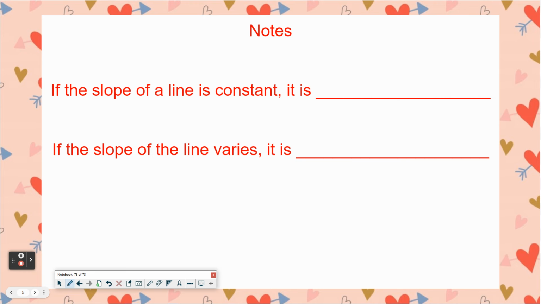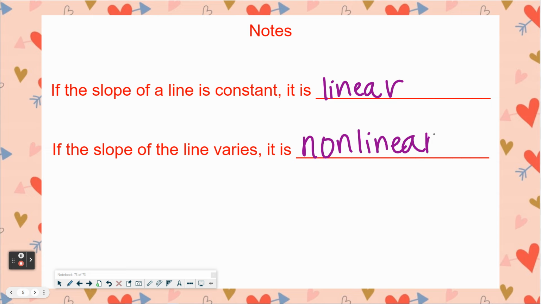It's that word consistent. It is linear. And if the slope of a line varies, it is non-linear or not linear, not a line. So we're going to need to know those words constant and varies because we're going to keep seeing that throughout all of today's lesson.